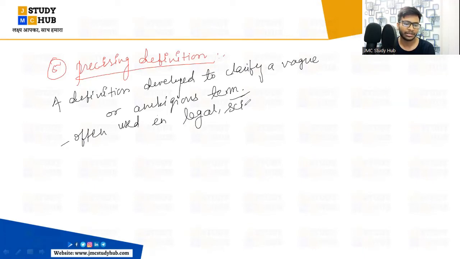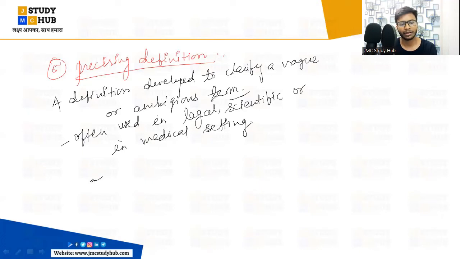legal, scientific, or medical settings, right? Like for an example, मेडिकल में किसी भी डिजीज को डिफाइन करना है, right? Any disease that you are defining, और in the legal that you are defining an act or the law. ठीक है, किसी भी एक्ट, like for example Article 15 that you are defining, right?